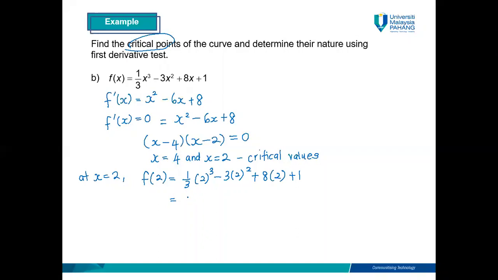So 2 cubed is 8, minus 4 times 3, 12, plus 8 times 2, 16, plus 1. That is 8 over 3, minus 12 plus 16 plus 1, plus 5.